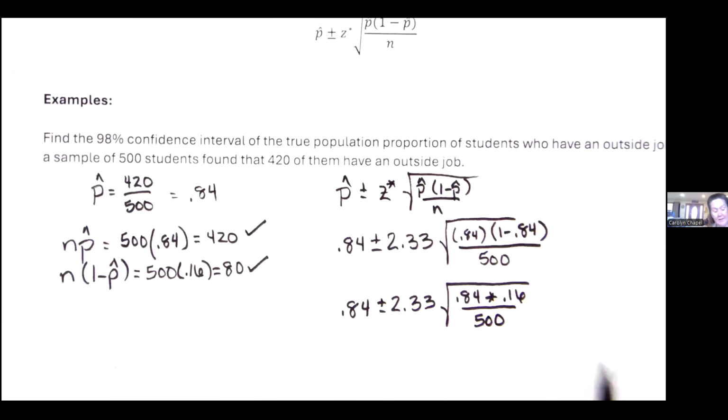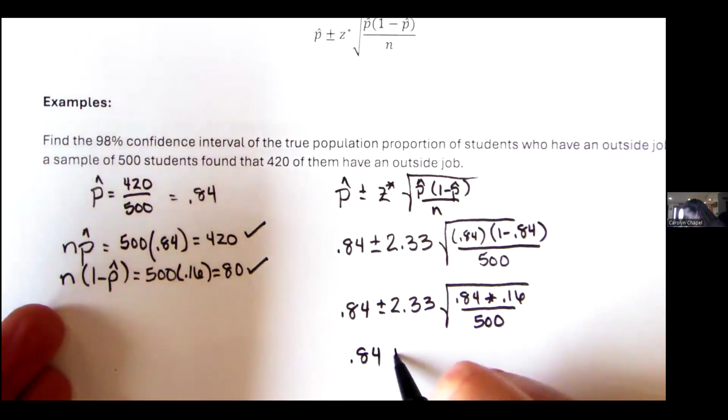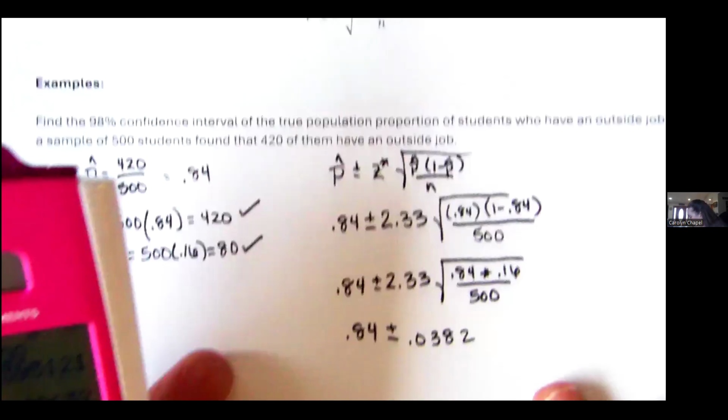I'm going to calculate the piece that I need to add and subtract. I take the square root of 0.84 times 0.16 divided by 500, all underneath the square root, and then multiply it by 2.33. So I'm taking 0.84 and adding and subtracting 0.0382, and then there's a couple of zeros, so I'll stop there.